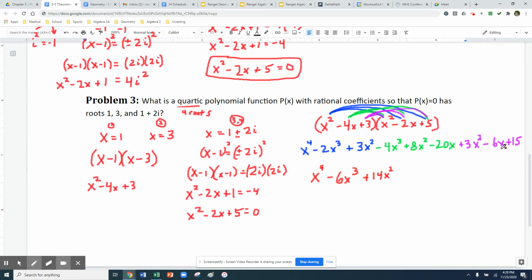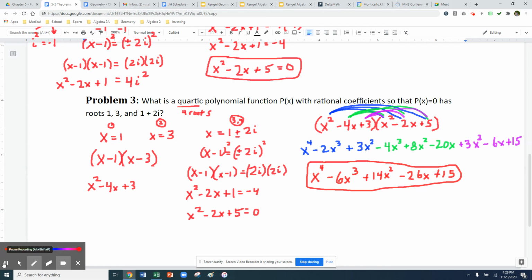And next, I can count my linear terms. I've got a negative 20 and a negative 6, which is negative 26x. And lastly, a 15. So there would be my quartic function with real roots of 1 and 3, and then complex roots of 1 plus or minus 2i.